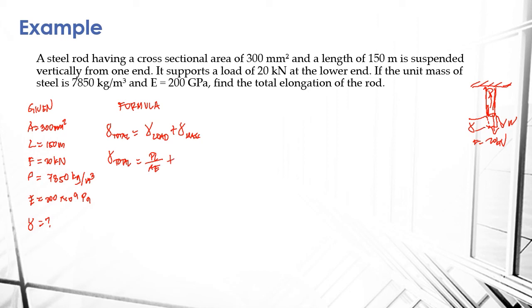Since given na to ang density niya, so rho g L squared over 2E. Yan. Mao na nato ang formula gamiton. So, solution. Total elongation is equal to PL over AE plus rho gL squared over 2E. So, substitute na lang ta.